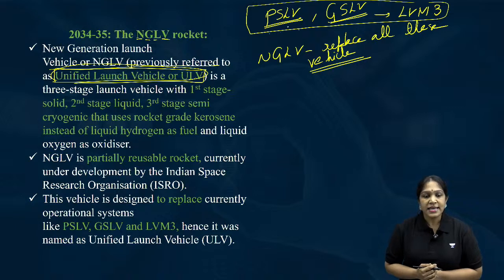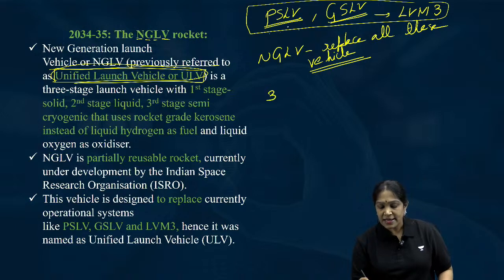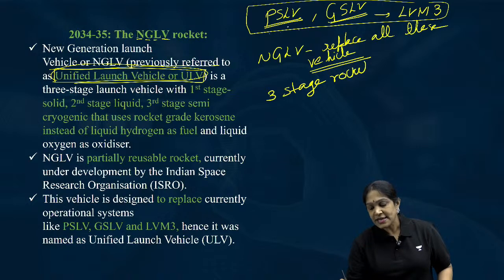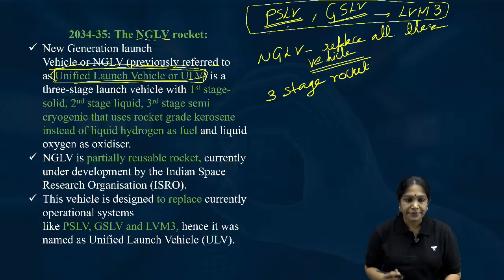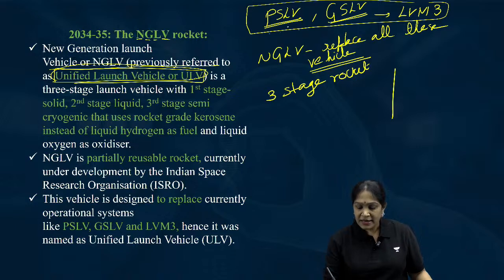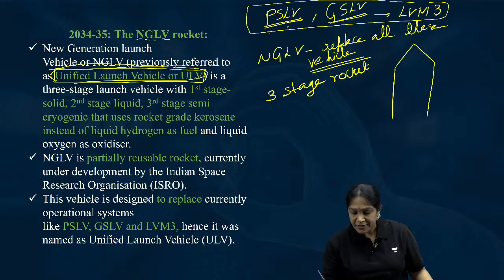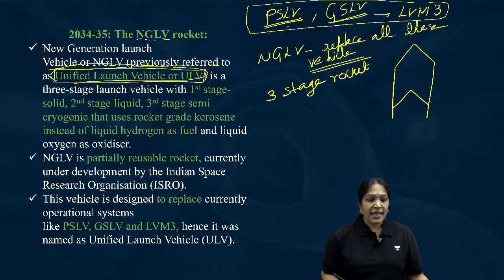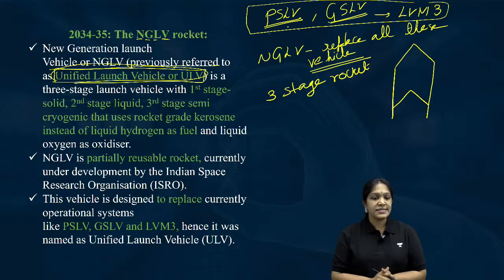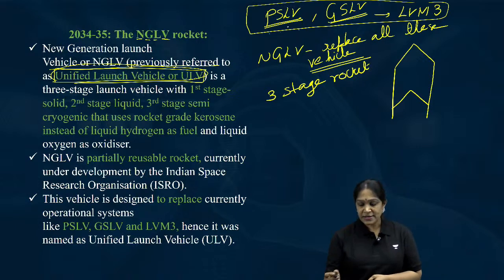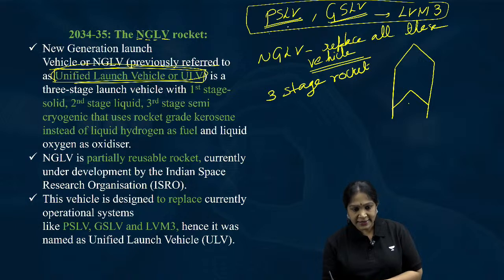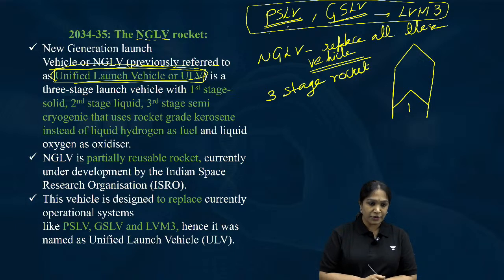This NGLV is a 3-stage rocket. And we have seen about the stages of a rocket yesterday itself. In a rocket, we have different stages. And which stage do we ignite on the ground? Yes, all of you, we ignite the first stage on the ground.